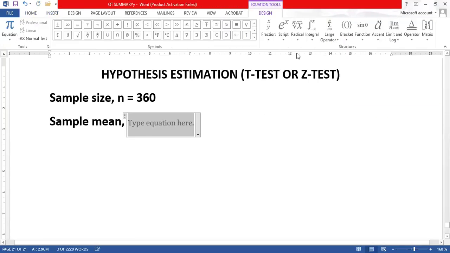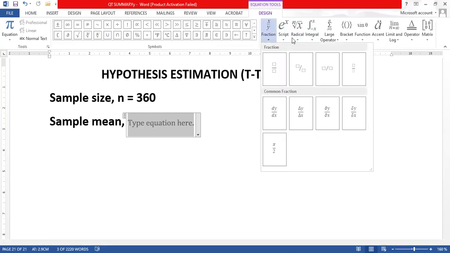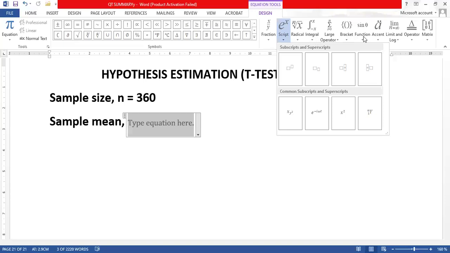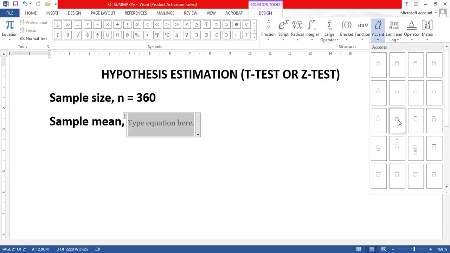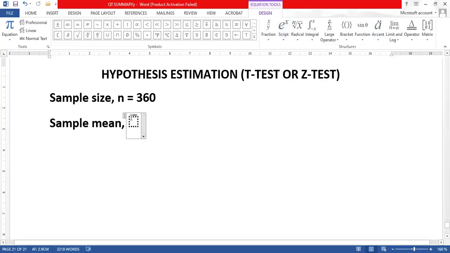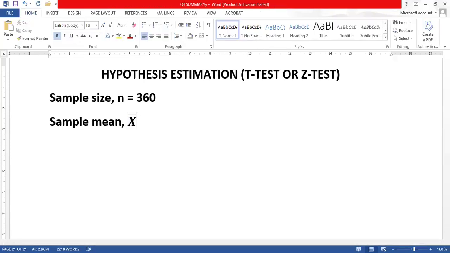Just a minute, I first get my sign here. This is the sign you always use for the sample mean.